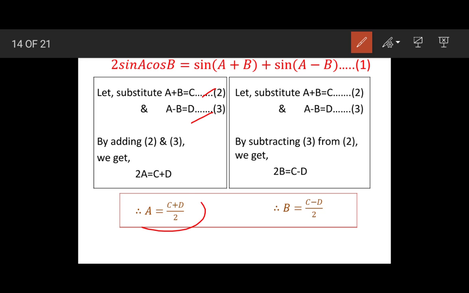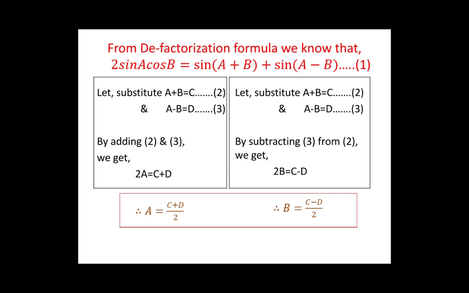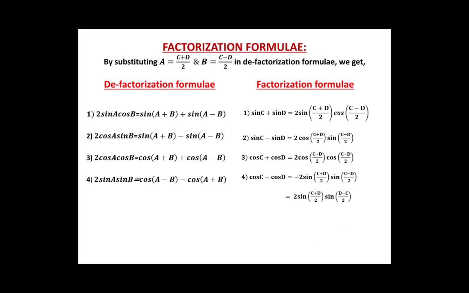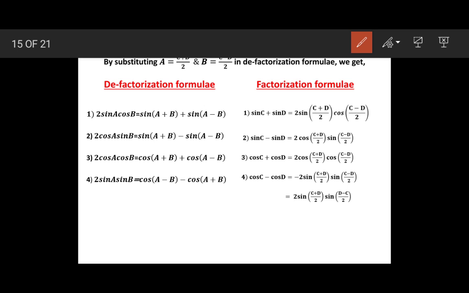Then a will be (c plus d) upon 2 and b will be (c minus d) upon 2. Okay, so by substituting all these terms, we get a factorization formula. So this is the factorization formula. First we'll take the right hand side.